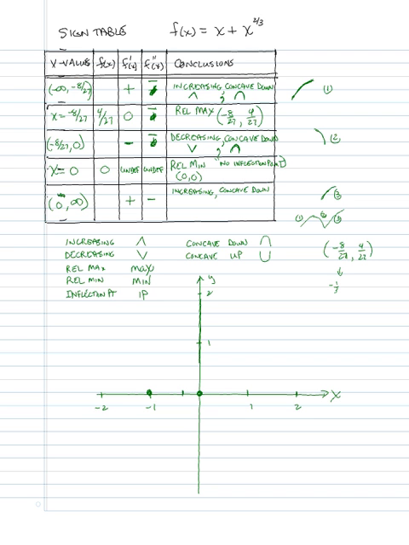Now, 4 over 27, let's see, 4 over 24 is 1/6, isn't it? I'm just kind of giving an idea. It's around 1/6. It's not a very big number. So I'm thinking that maybe that's roughly about here. So this point is somewhere in this neighborhood.